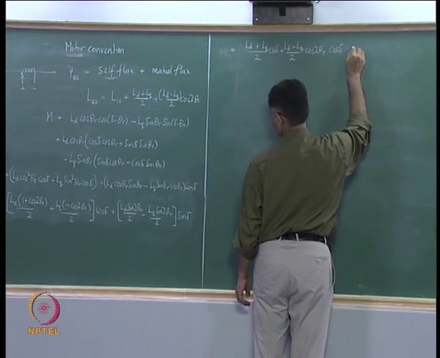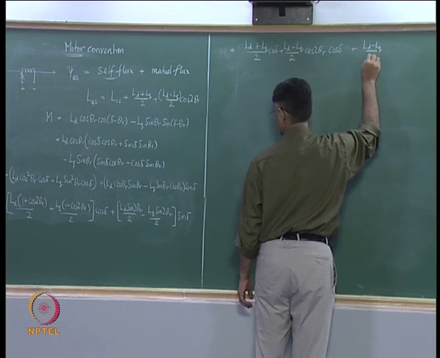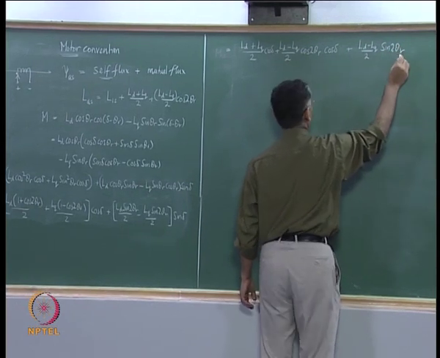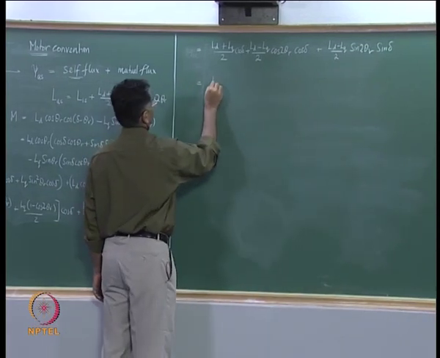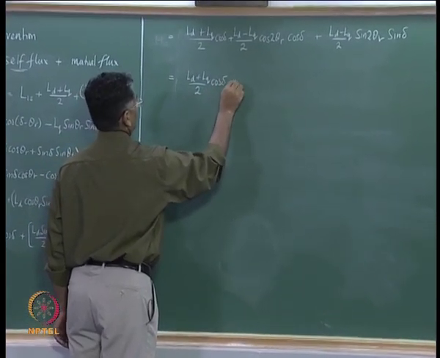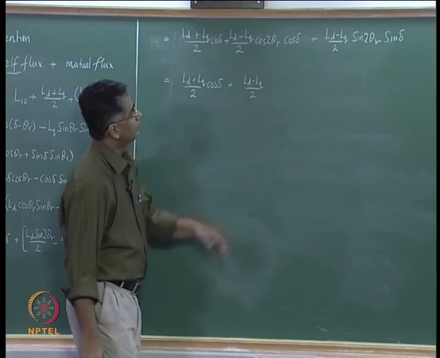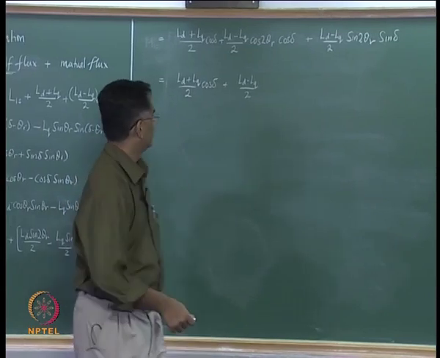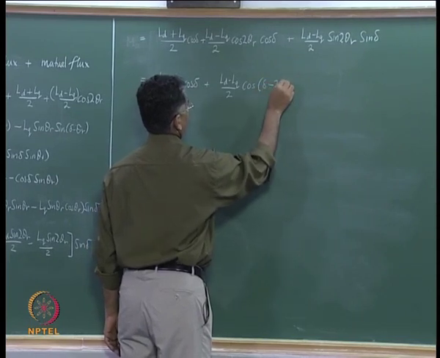And then you have LD minus LQ by 2 into sin 2 theta r multiplied by sin delta. So, that becomes LD plus LQ by 2 cos delta plus LD minus LQ by 2 into cos 2 theta r cos delta plus sin 2 theta r sin delta, that is nothing but cos of delta minus 2 theta r.